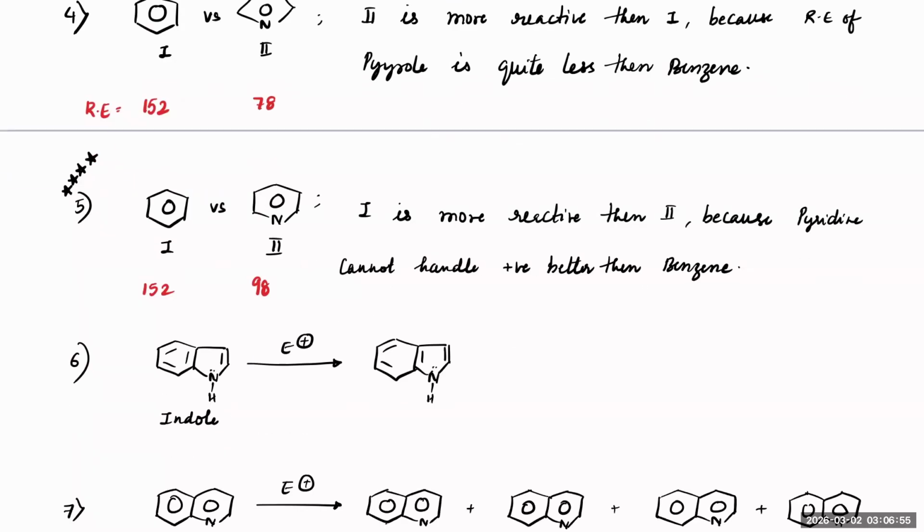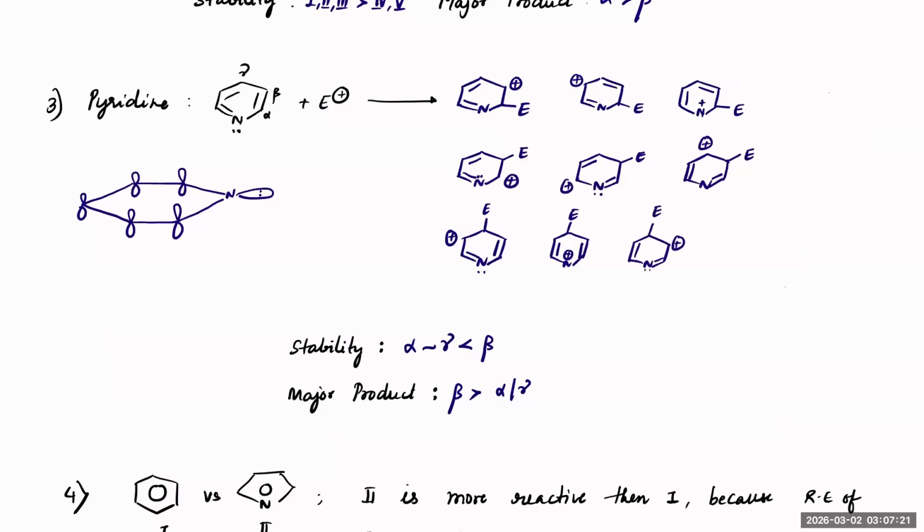And next, if it comes to benzene versus this ring, between benzene and pyridine, although pyridine has lesser resonance energy, because it has to gain through positive charges which are very close to nitrogen, the electrophile would be reluctant to attach either at alpha, beta, or gamma position compared to benzene.